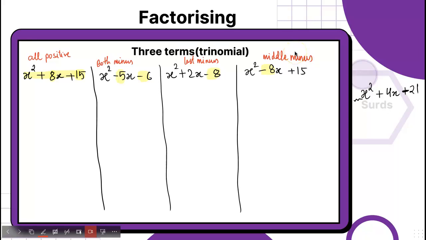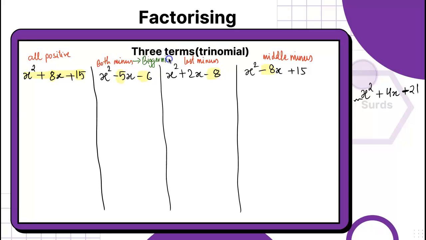Based on these terms, I will write something here. All positive, that means your factors are also going to be positive. When you have both minus, just keep that the bigger one is going to be minus. Both minus meaning bigger minus.